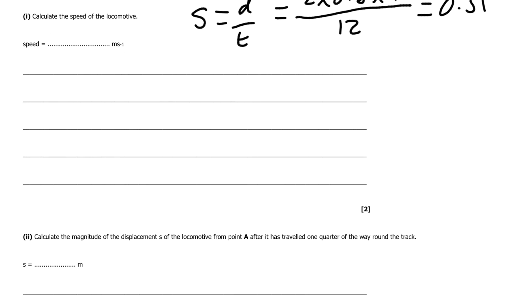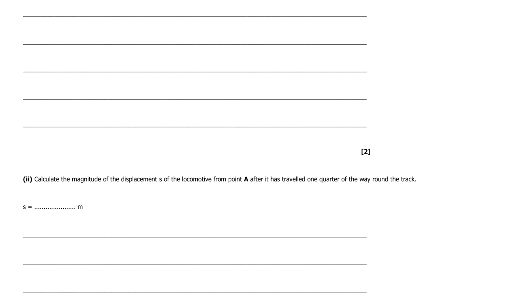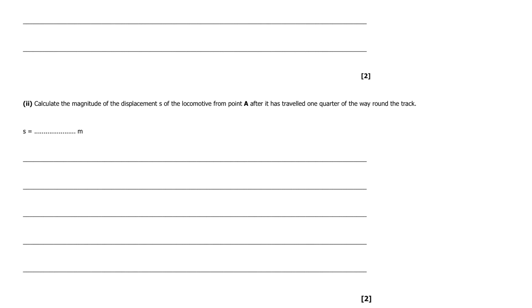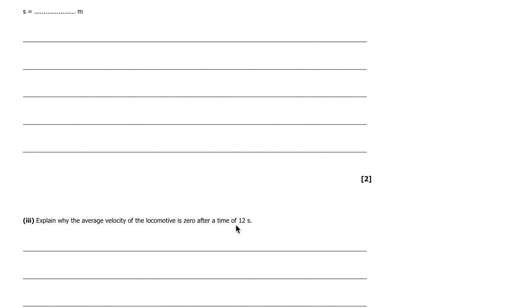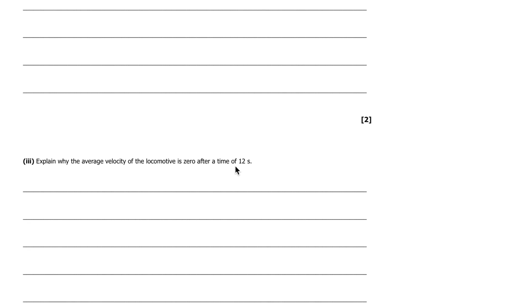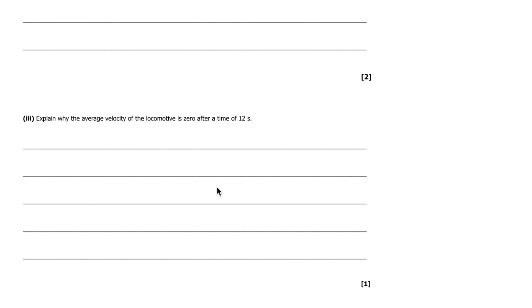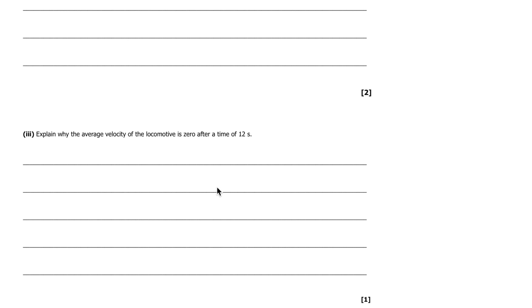Next up, we needed to explain why the displacement was 0 after time t equals 12 seconds. So after 12 seconds, the displacement is 0. So in other words, it's gone back to its original starting position.